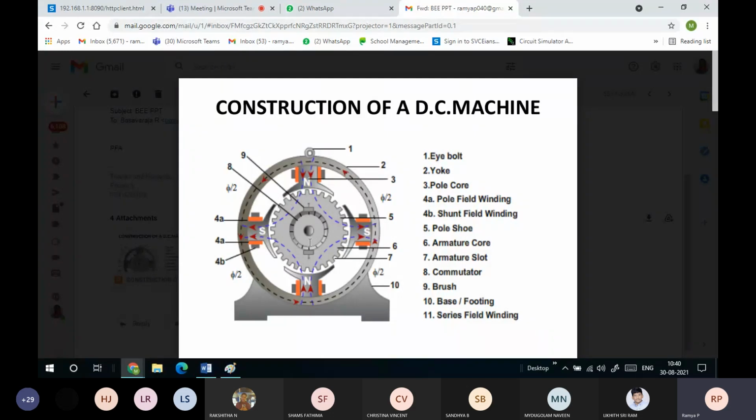This armature core is cylindrical, or circular, in shape, and it consists of many slots on it. Many slots are present on the periphery, and also the air ducts. The air ducts permit air flow through the armature, which serves the cooling purpose.